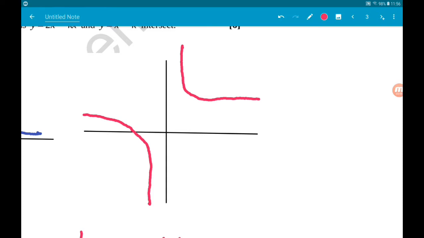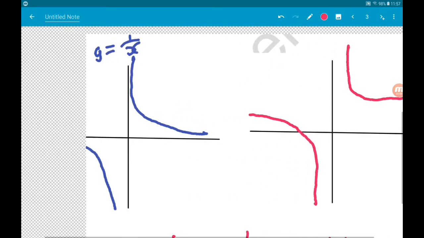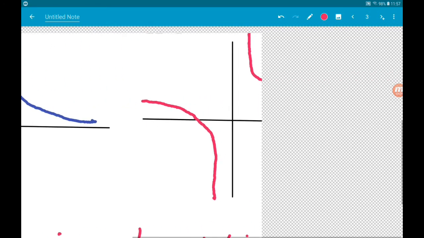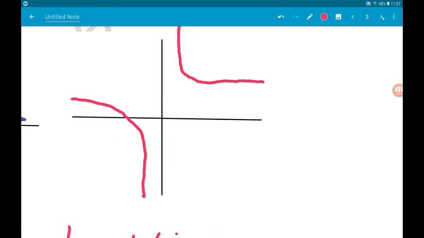Now the vertical asymptote stays the same, but for the horizontal asymptote, we need to think about what the asymptote was for this guy. So, because 1 over x can never equal 0, that means our horizontal asymptote is y equals 0. Now, on y equals 1 over x plus a, the horizontal asymptote has gone up by a places. So, that is going to look something like that, and that is going to be the line y equals a.